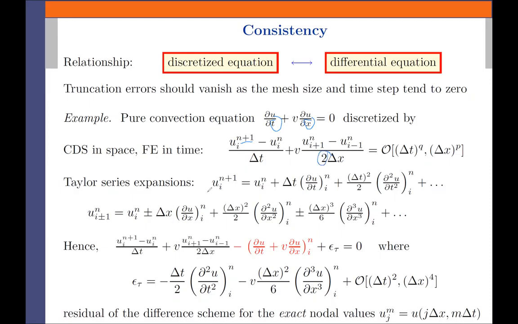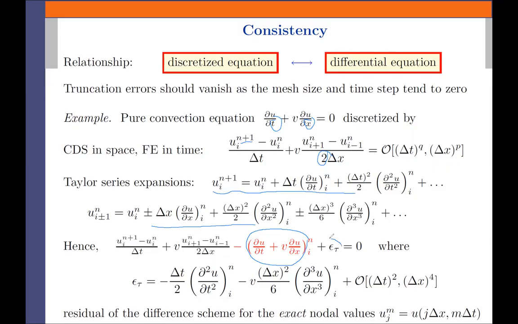This is the Taylor expansion series for time, and this is for x. Now this equation plus this, minus the value of del u by del t plus v del u by del x at n and i, is negative. This is generally the equation.